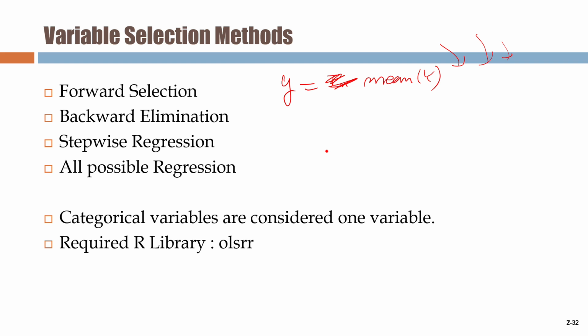We use just R square or the p-value. These are the two most commonly used criteria: should we add this variable or not, or should we eliminate this variable or not?